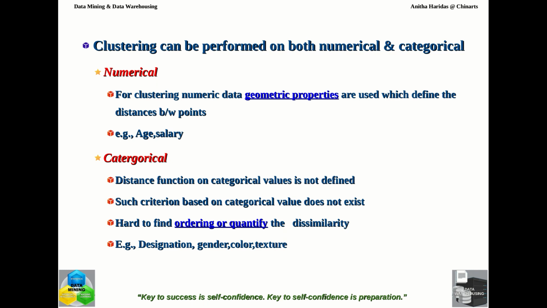So suppose, say for example, if you have a supermarket transactions database, and from this transaction database you want to find out who are the customers to whom you want to give some offers, or some kind of discounts. For which you want to cluster the customers who are coming from a particular location, or who are in the same age group, or who are in the same designation, like that.